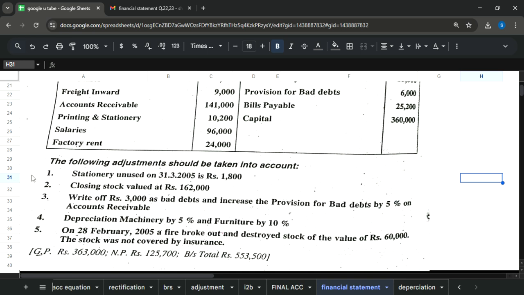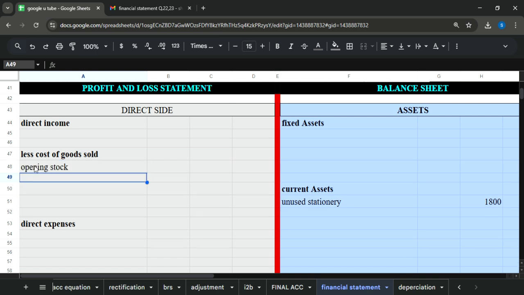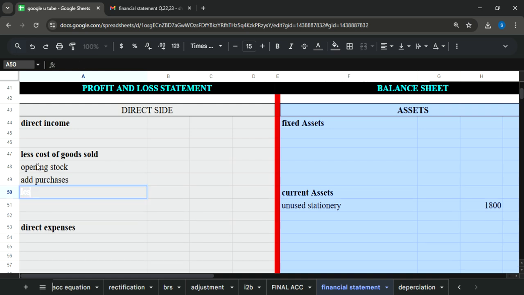Now we will see our second adjustment, which is closing stock. For closing stock, you will start over here. First you will mention opening stock, then you will add purchases, then you will subtract returns, if the question includes it, then you will subtract your closing stock.